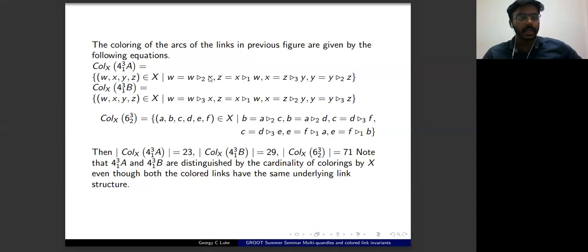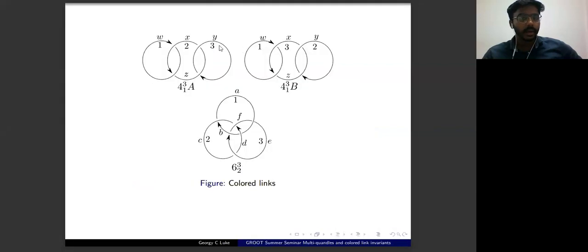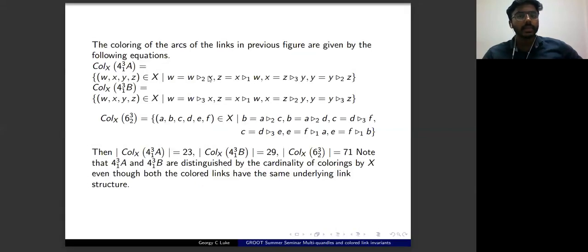And Z is X del 1 W. Here X is the incoming strand, W is the overstrand, and 1 is the coloring of the overarc. Similarly, X is Z del 3 Y and Y is Y del 2. These are the crossing relations for the other crossings.